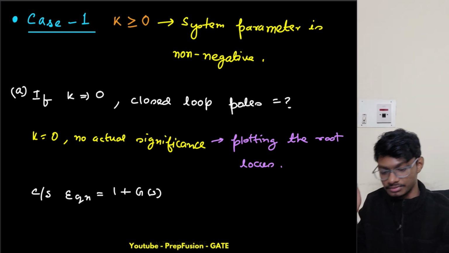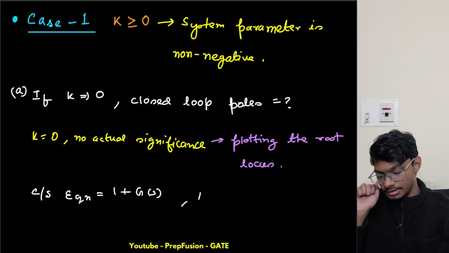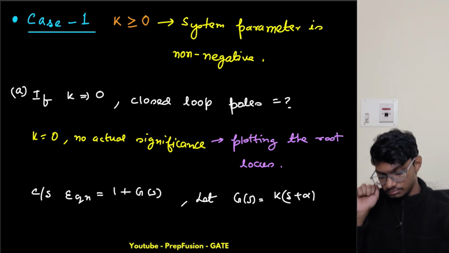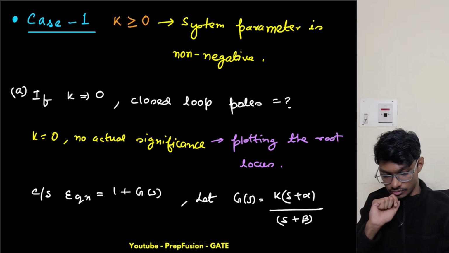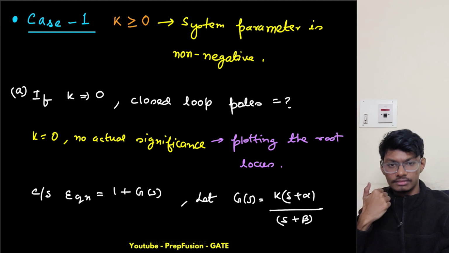Just taking one example, we want to see how my CLTF poles behave with respect to my OLTF poles and zeros. So let my G of s equal K times (s plus alpha) by (s plus beta). Here alpha is the zero of the OLTF and beta is the pole of the OLTF, right?